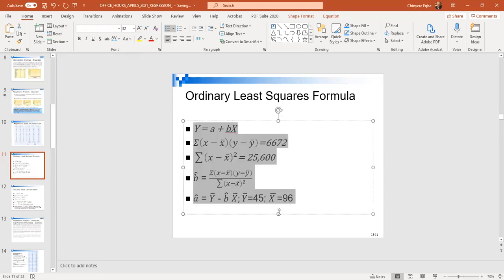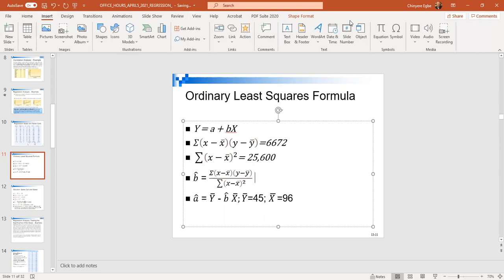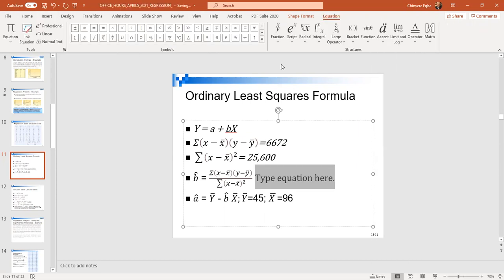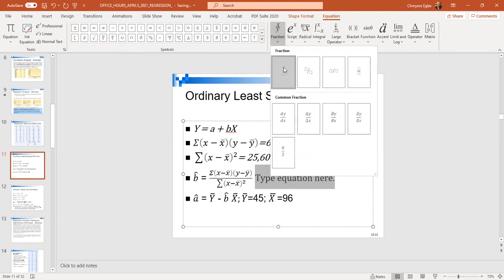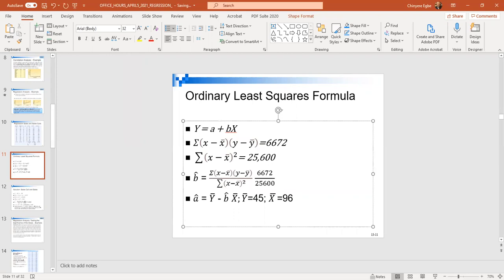Okay. So from that, what do we have? We have an equation. We have 6672 divided by 25,600. So what is your calculation? What did you do?